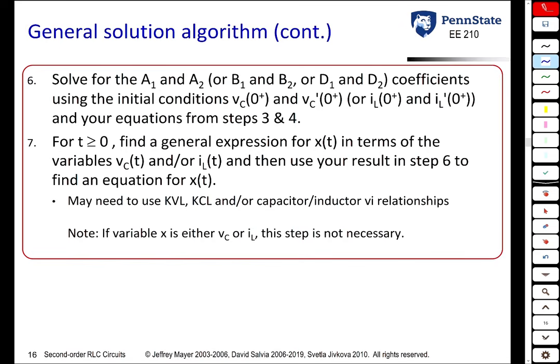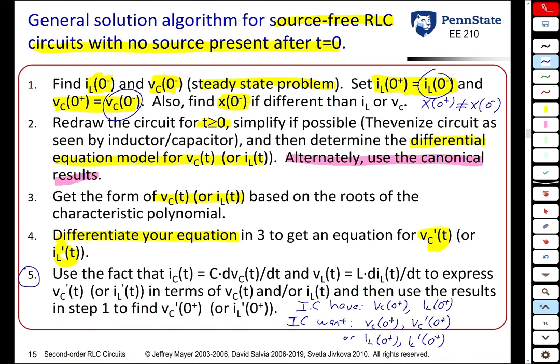Step 6 now, you have two equations, VC and VC prime, or IL and IL prime, and you have two initial conditions. These new initial conditions, you have VC and VC prime, or IL and IL prime at 0 plus. You plug those initial conditions into your equations that you have from step 3 and step 4.